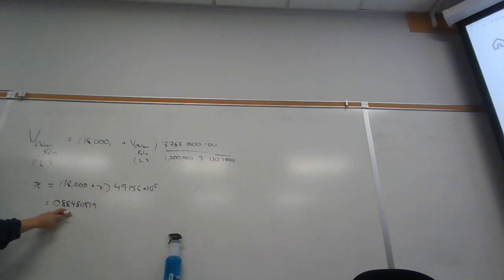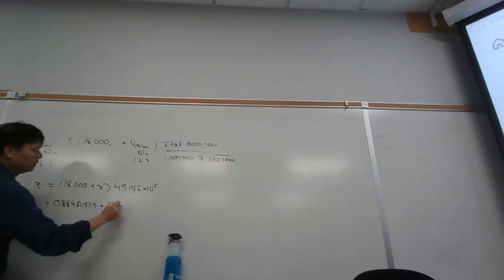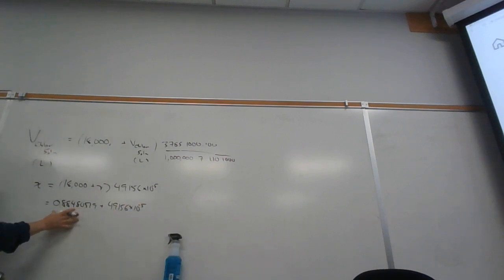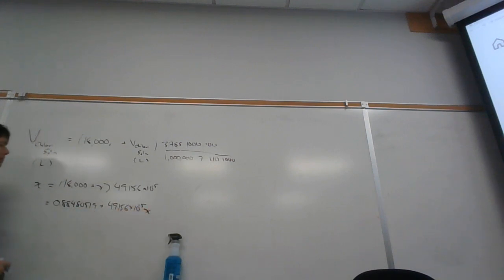Often in calculations, I don't round until the very end, so I'll carry extra digits to minimize rounding error. You're only allowed one rounding step, so I try to avoid it. Doesn't mean you have to carry this many digits. Depending on how many sig figs we're allowed, this is overkill here, but it's all right.